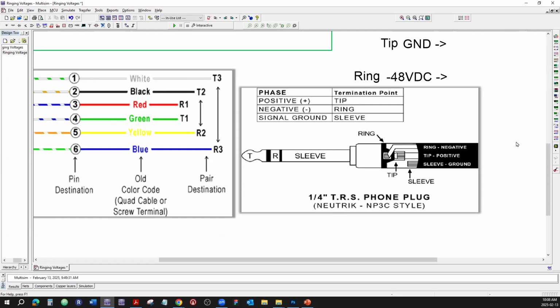Because you can still program the phone systems into dialing DTMF or the rotary. Rotary dial basically breaks the line. It just interrupts the line to whatever number you're dialing. So number 3 would be 3 interruptions. Number 4 would be 4 interruptions. And the number would be selected by this means.